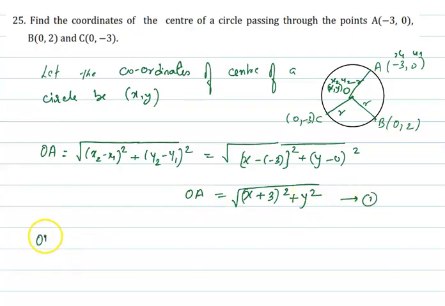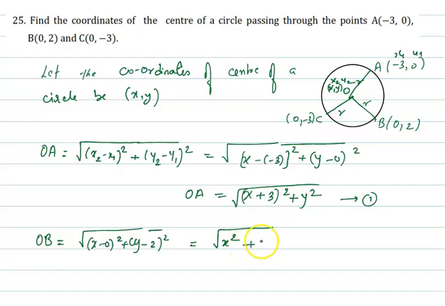Now I am going to find out OB. OB is equal to, again by distance formula I am writing directly, x minus 0 whole square plus y minus 2 whole square. So this is equal to square root of x square plus y minus 2 whole square.